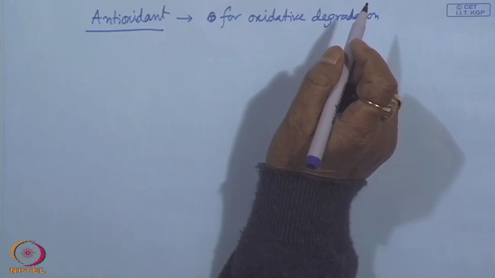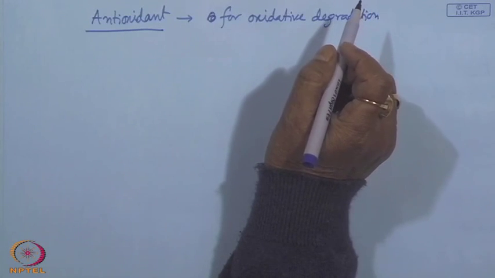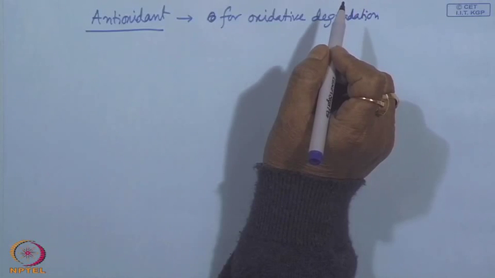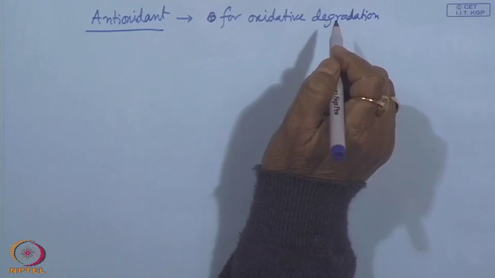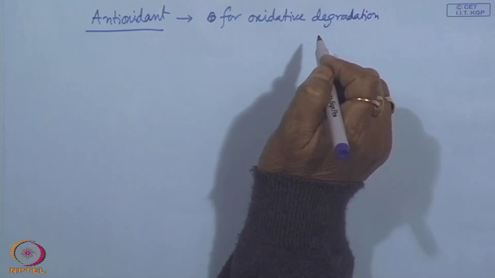Rubber products are exposed to air, which contains oxygen. So, slowly oxygen will degrade the product. That degradation should be prevented by the presence of some compound, so that the life of the rubber product is prolonged. Those are known as antioxidants.